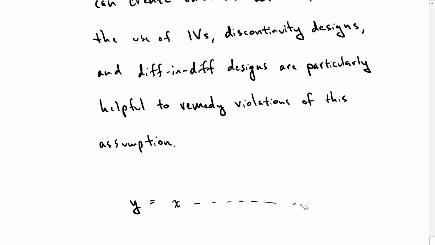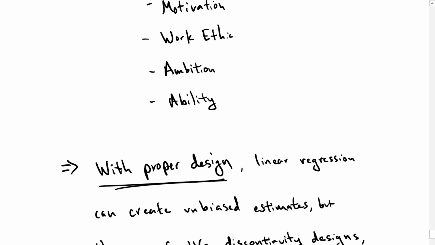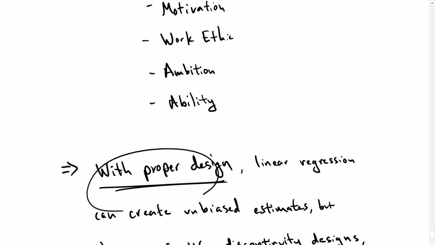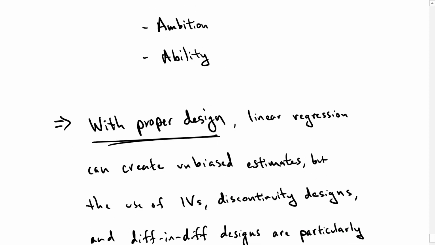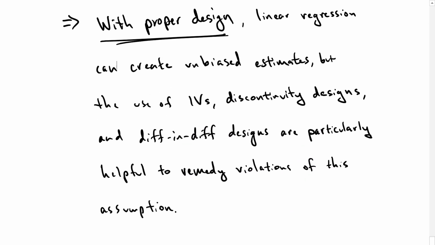But like I said, some of these unobservable characteristics are notoriously hard to control for, but then we can start to move to more advanced econometric techniques later on that are really going to help remedy violations of this assumption.